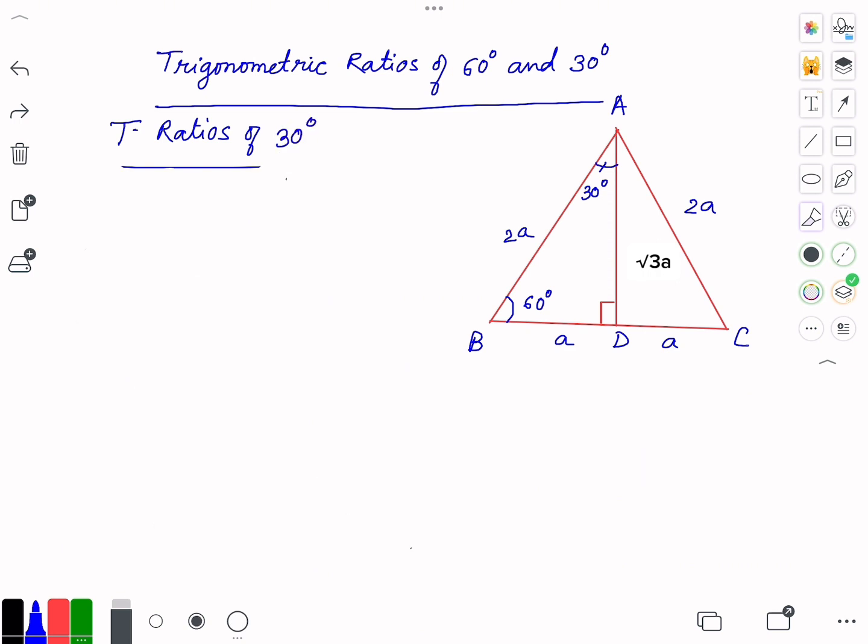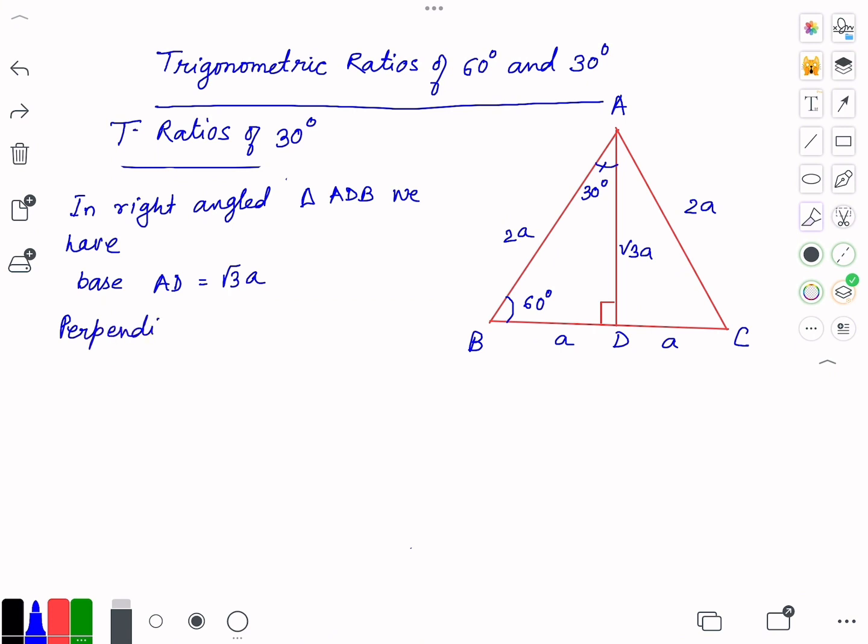Now let us calculate the T ratios of 30 degrees. So in right angle triangle ADB, we can also say that base is equal to AD, which is equal to root 3a because we calculated that, and perpendicular is equal to BD, which is equal to a, and hypotenuse is equal to AB, which is equal to 2a.